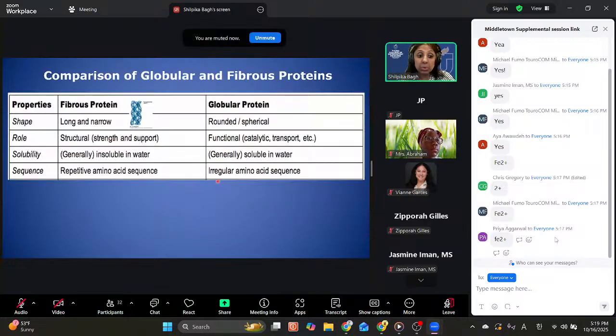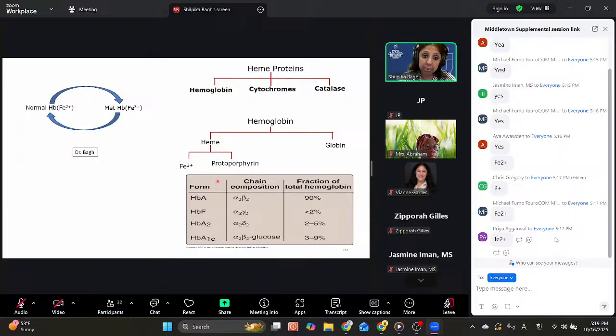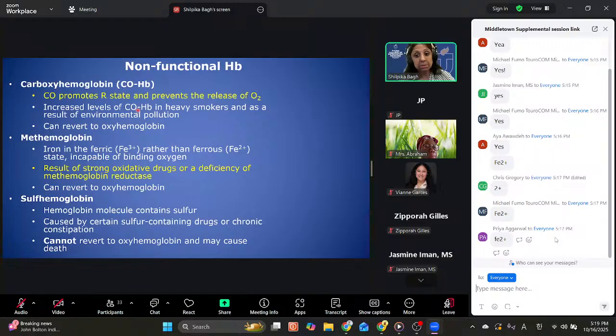We distinguished myoglobin and hemoglobin, both are globular proteins. We also talked about heme protein, if you remember. We talked about iron should be in Fe+2. Then we talked about what if iron is in Fe+3? It loses the capacity to carry oxygen. Then we talked about hemoglobin derivatives, which are oxy, deoxy, hemoglobin carrying carbon dioxide, and methemoglobin.